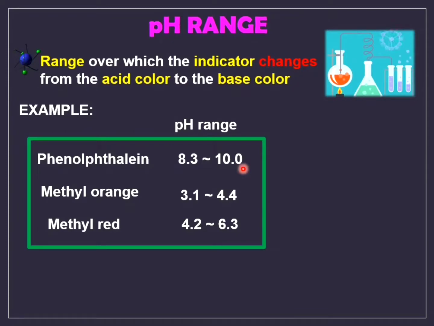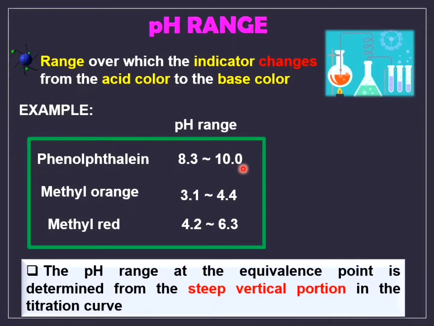Pelajar senior pernah guna methyl red atau methyl orange masa zaman SES dulu. Tapi untuk pelajar junior memang tak pernah guna sebab you familiar dengan phenolphthalein. So macam mana nak tahu yang mana suitable for our titration process? Alright, the pH range at equivalent point is determined from the steep vertical portion in the titration curve.